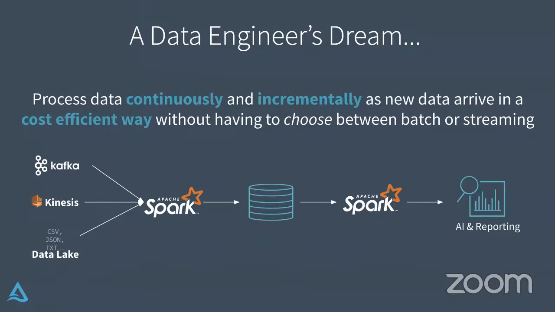If you go backwards a little bit and talk about what is a data engineer's dream, the dream of that person is to be able to process data continuously and incrementally as new data arrives in a cost-efficient way, without actually having to choose between batch and streaming.